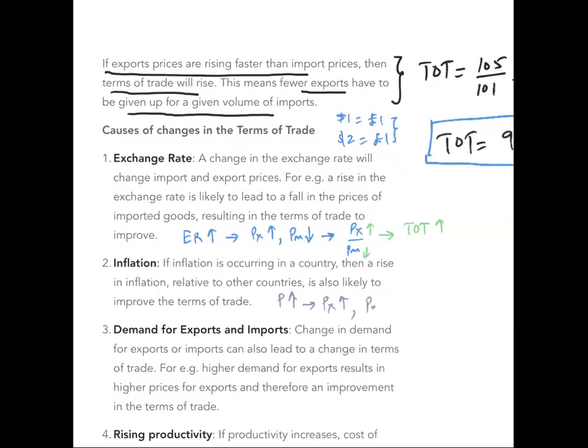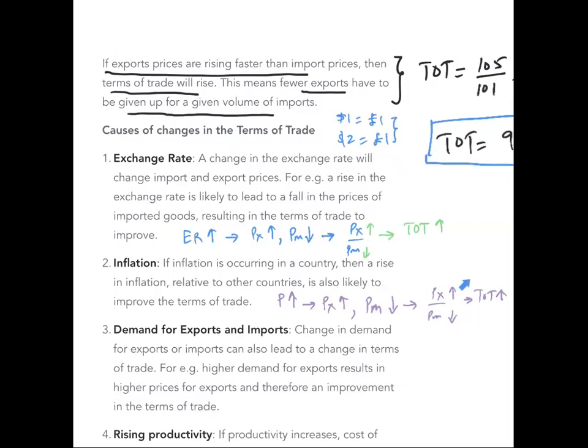Pm will go down. Why will Pm go down? Well, simply because relatively now, as compared to other countries, the imports will be cheaper than the domestic goods. And as a result, formula wise, Px over Pm, Px is going up, Pm is going down, and the terms of trade is going up because the denominator is becoming smaller and the numerator is becoming bigger.